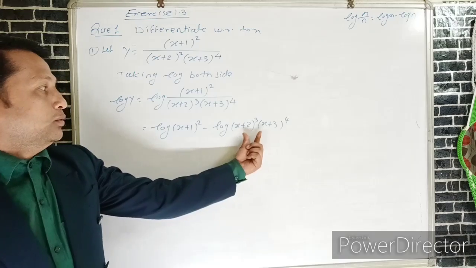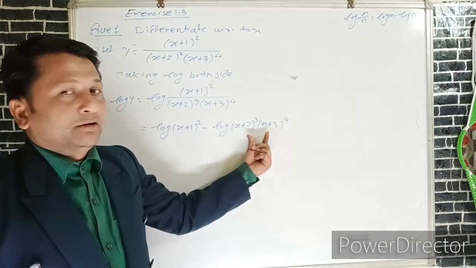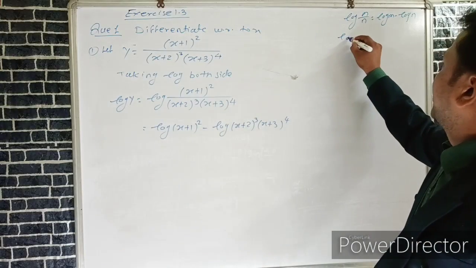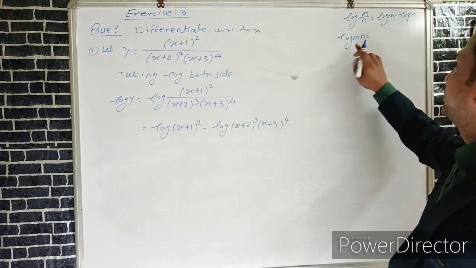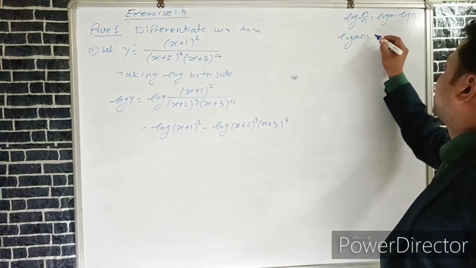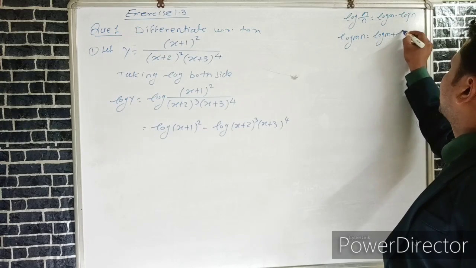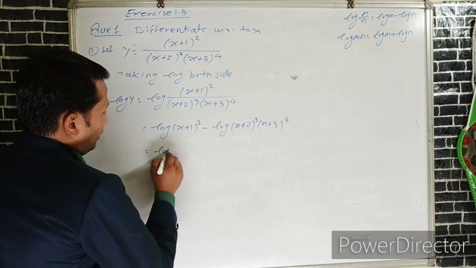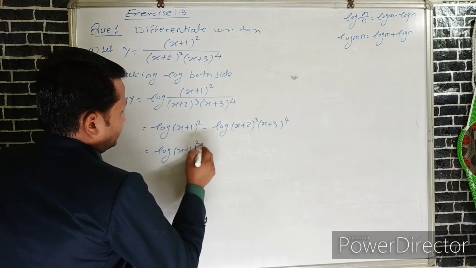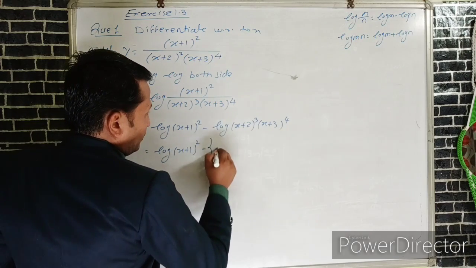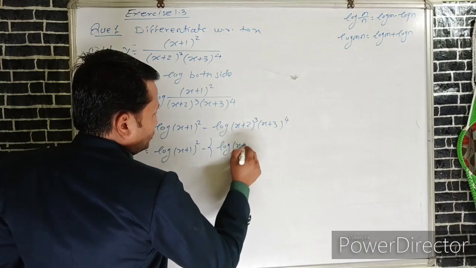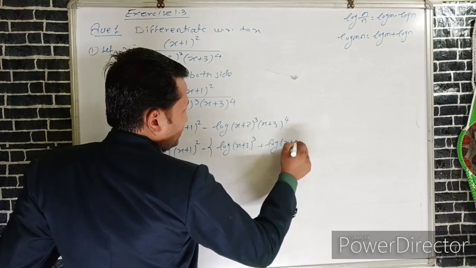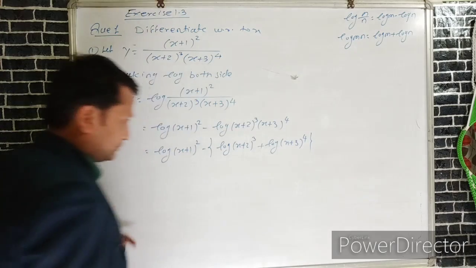Next, here two terms are in multiplication. In logarithms, if m and n are two terms, then log of m into n is log m plus log n. Hence we can write log of (x plus 1) square minus log of (x plus 2) cube plus log of (x plus 3) whole raised to the power 4.